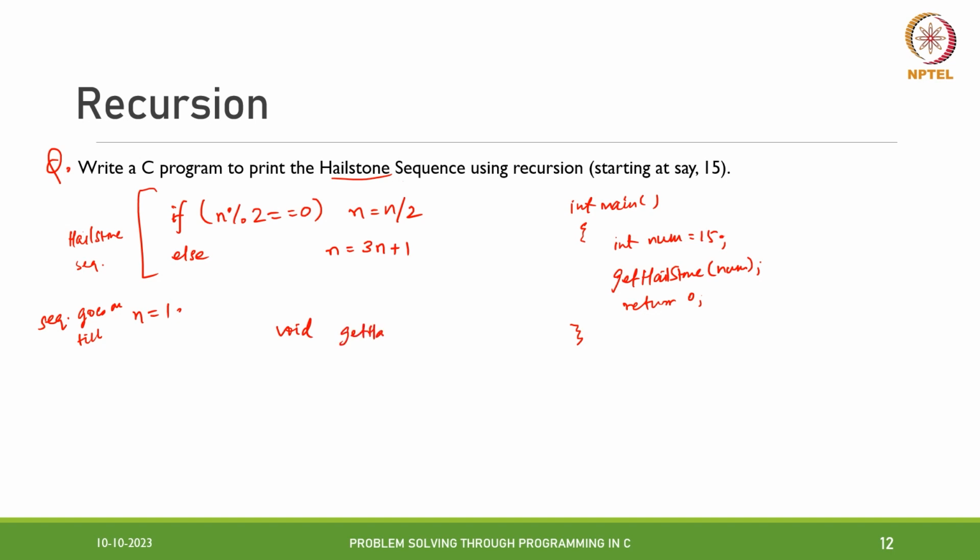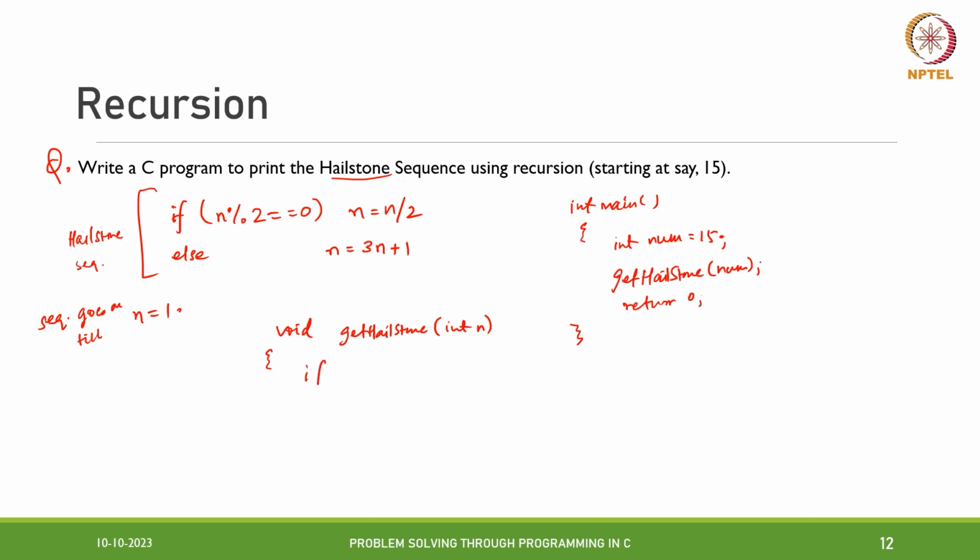Now, get hailstone. The first thing is you need to know that for every recursion there should be a stopping criteria. Here the stopping criteria is when n becomes 1, it should stop. In other words, if n is greater than 1, it will keep going again and again.